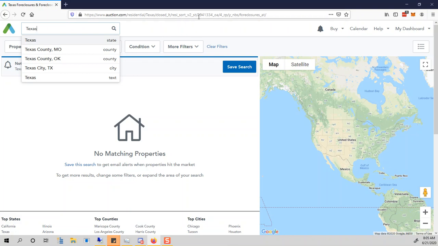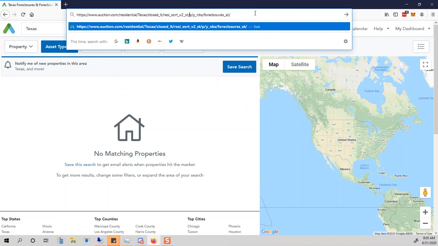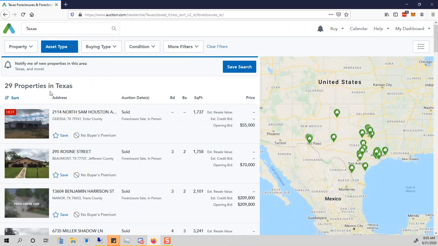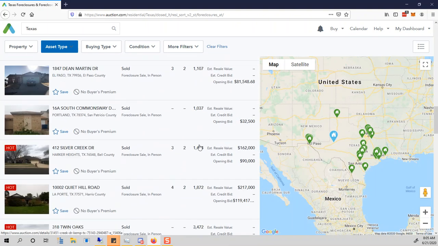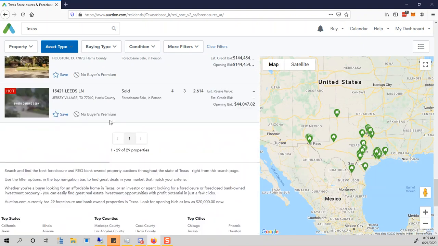If I take this stuff out, then yeah, there's 29 now. So maybe there's only 29, but I haven't seen multiple pages of sold to third party. I've only seen it on the first page.